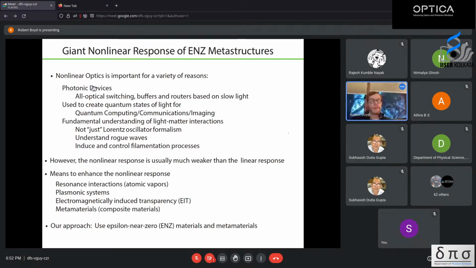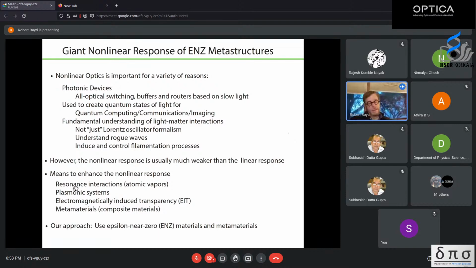do I care? Well, because nonlinear optics is important for a variety of reasons, and I just list some of the applications that people are working on. However, the nonlinear response is usually much weaker than the linear response. It's so much weaker that it's very difficult to implement some of these ideas. So for decades, people have been trying to find ways to enhance the nonlinear response.